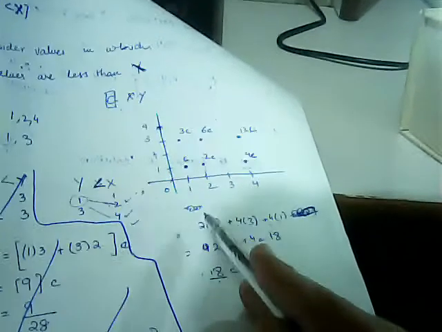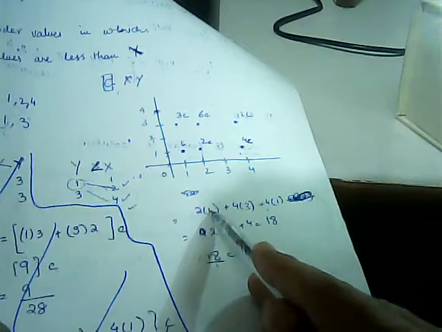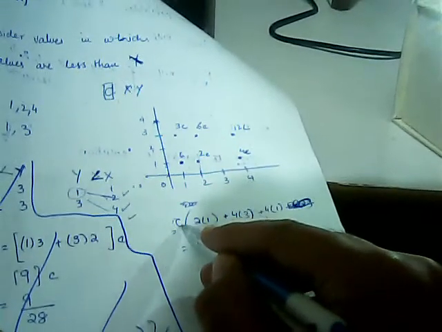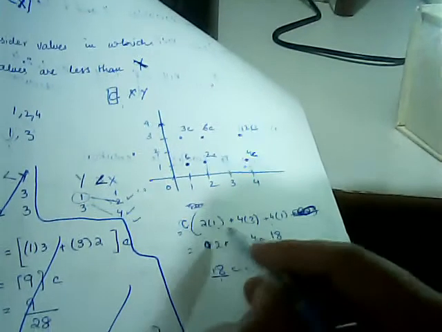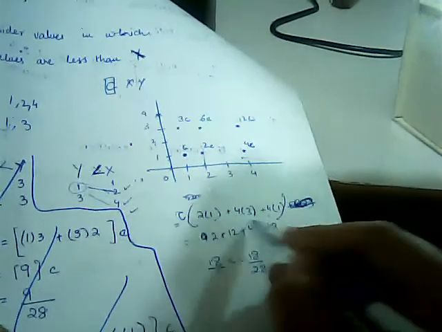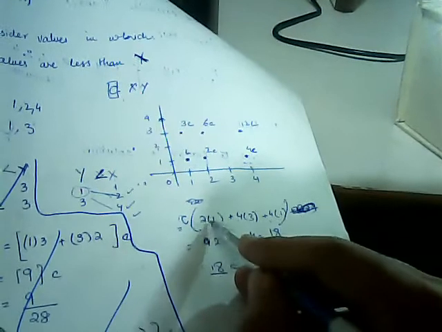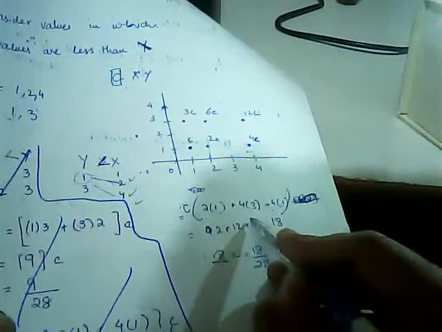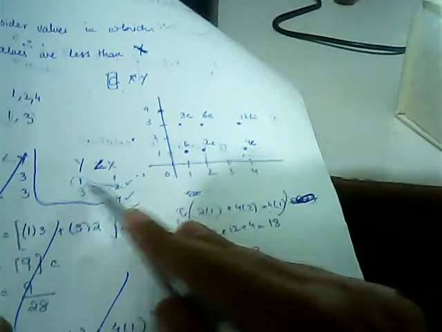Alright, so 2 is greater than 1 and 2 into 1, we have to put C out here. 2 is greater than 1, 4 is greater than 3, of course, and 4 is greater than 1.